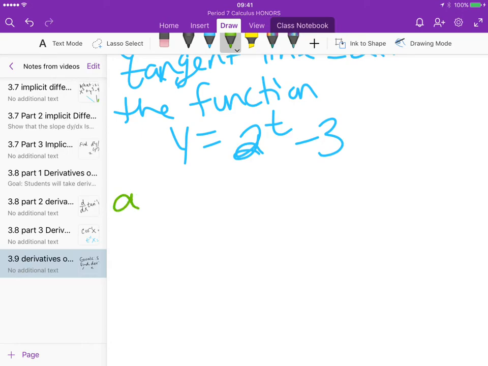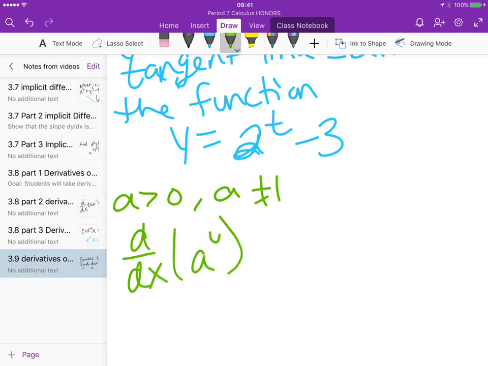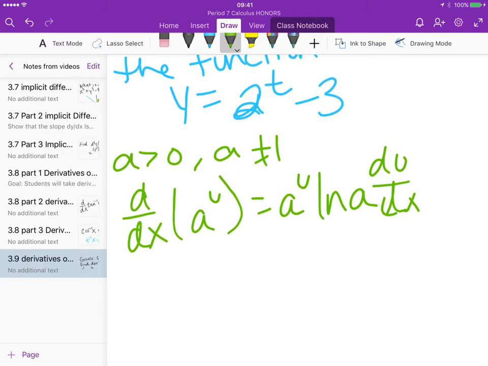As long as a is greater than 0 and a does not equal 1, you can find the derivative of any function that looks like this: it is the function itself, multiplied by the natural log of the base, and the derivative of whatever the exponent is.